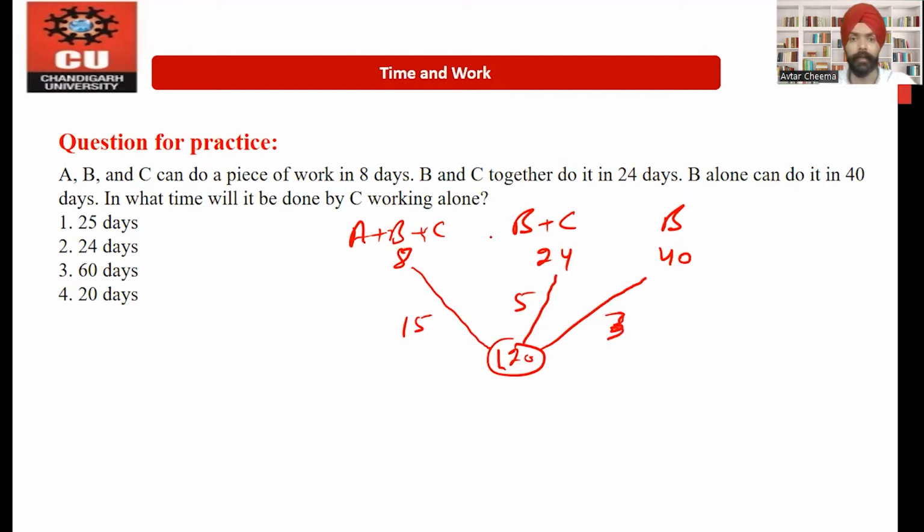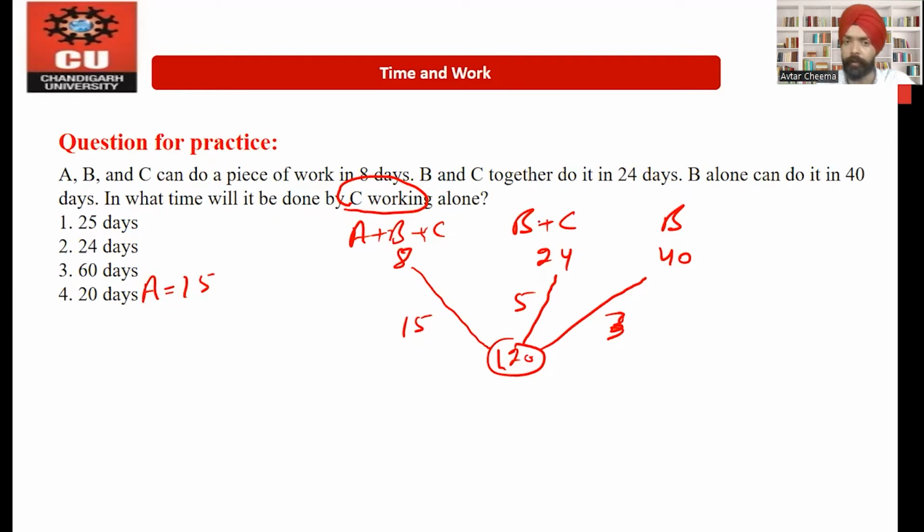Now, what we have to find out is the time taken by C working alone, right? From A, B, C, if I subtract B and C, what will we get? We will get the efficiency of A. The efficiency of ABC is 15.